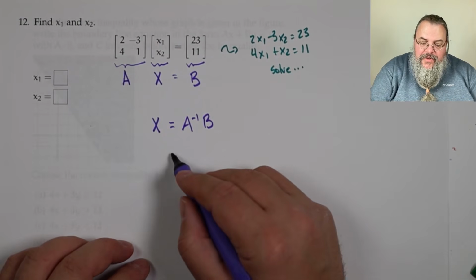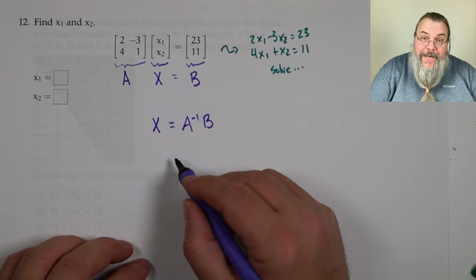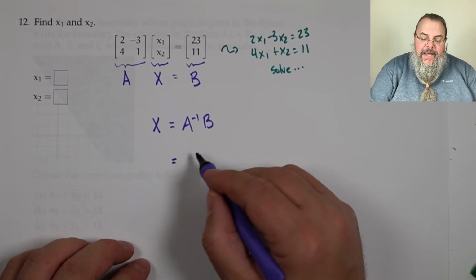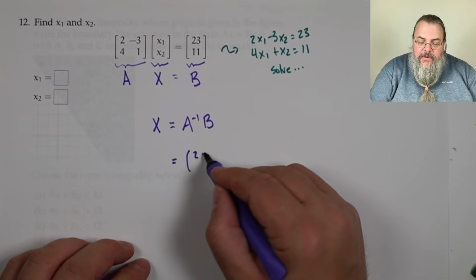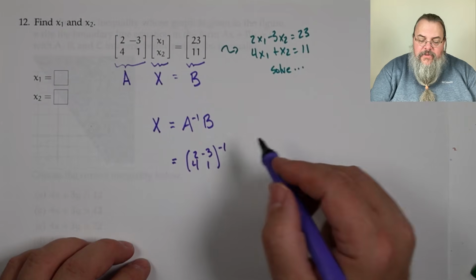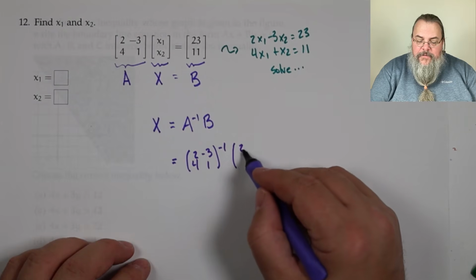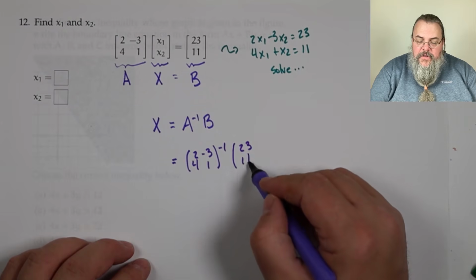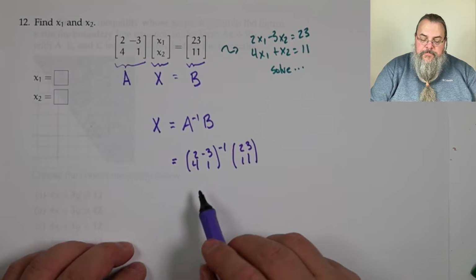Now the good news is 2 by 2s are faster to find inverses, and you can do it just as we found a 3 by 3, but there's even another way to do it which is really slick, and I just want to point that out. So if you're comfortable with it, here's how you do it.